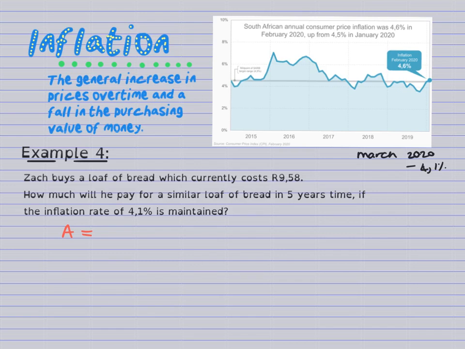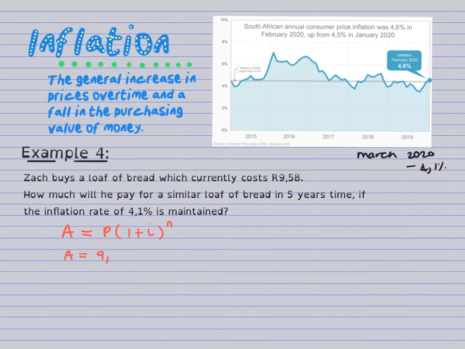Inflation, which formula do you think it would link up with? Simple interest or compound interest? We definitely know it's going to be compound interest, unfortunately. When you get your inflation questions, you're just going to substitute into your compound interest formula. So we want to know what the bread costs after 5 years.